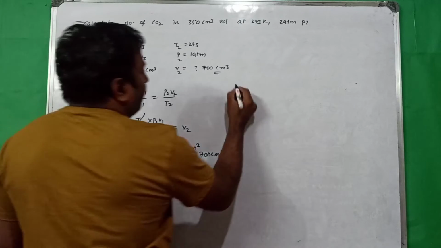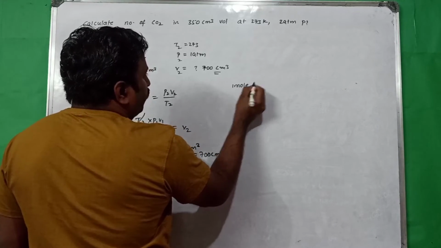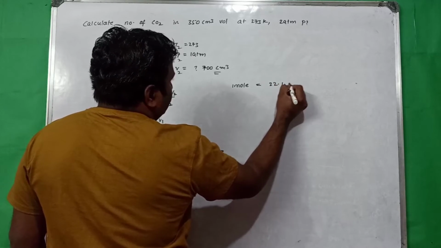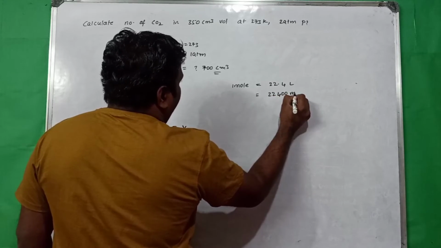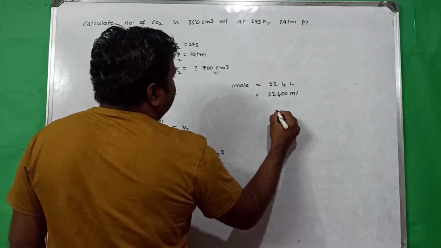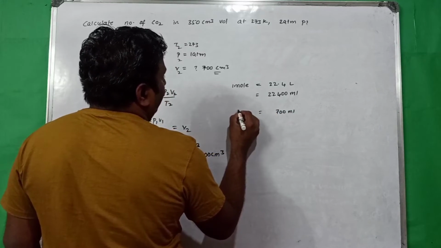Now 1 mole CO2 at STP will occupy 22.4 liters. That is nothing but 22,400 ml. Now we have only 700 ml with us. And what is the number of moles?